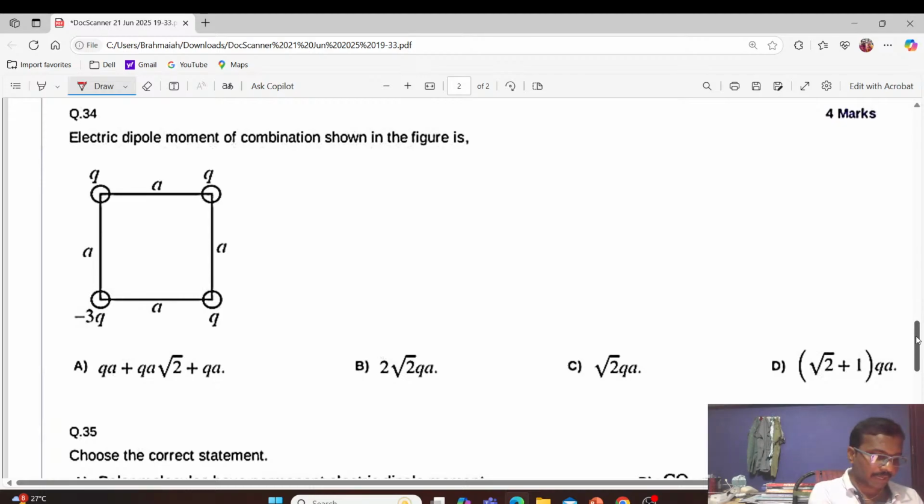So for this, what is the answer here? This is minus 3q, one of the dipole, another dipole, right? One more dipole.